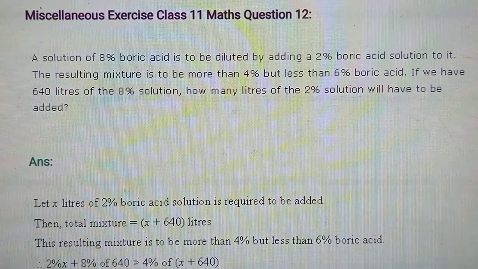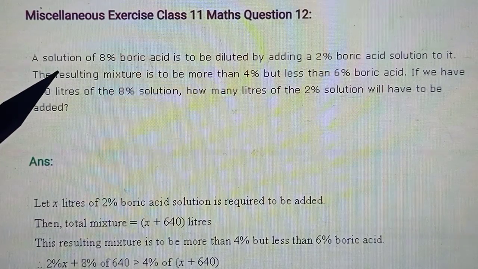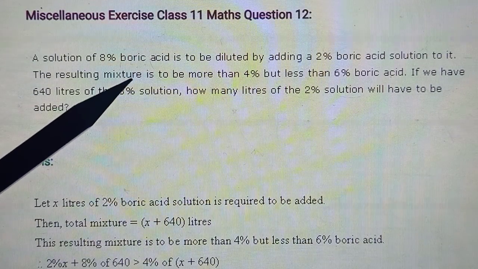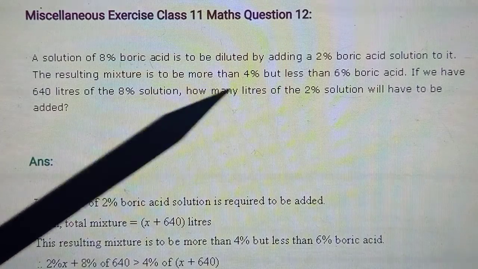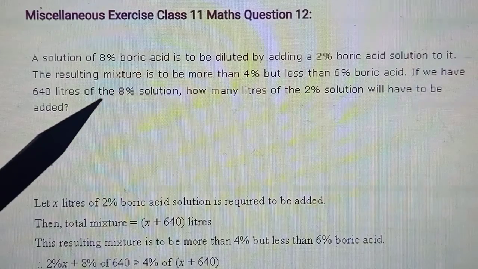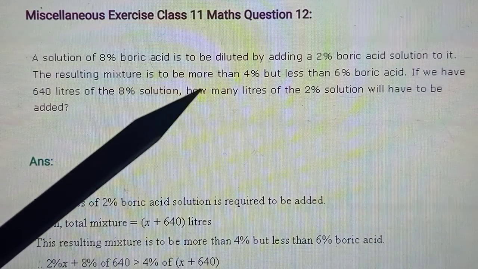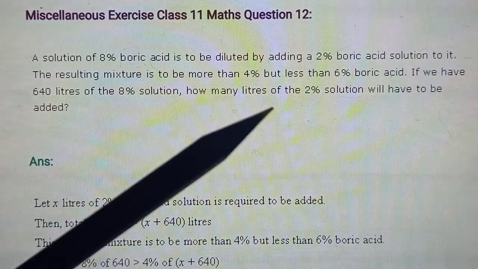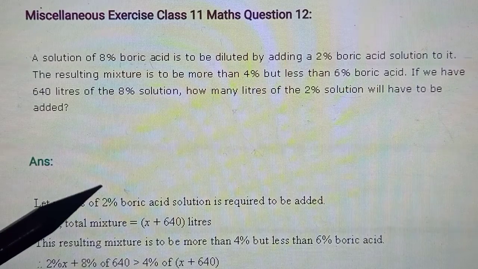Then the 12th one, children, says a solution of 8% boric acid is to be diluted by adding a 2% boric acid solution to it. The resulting mixture is to be more than 4% but less than 6% of boric acid.